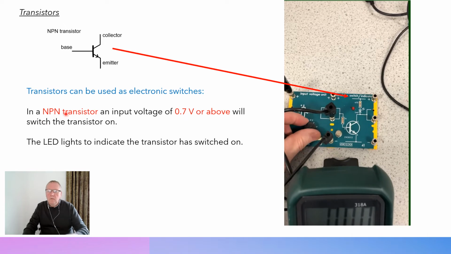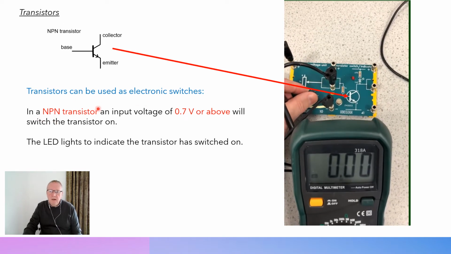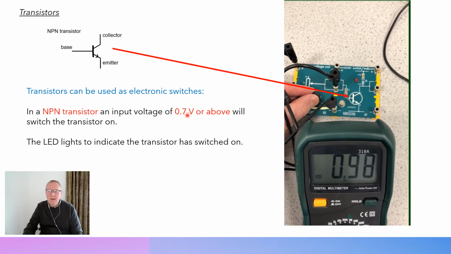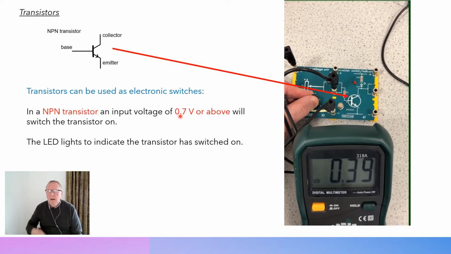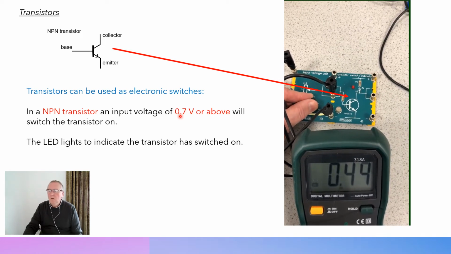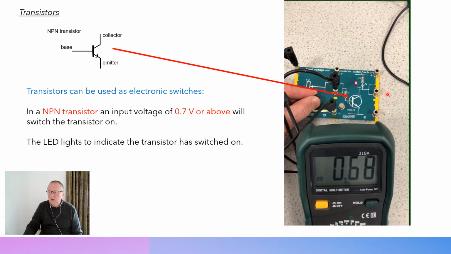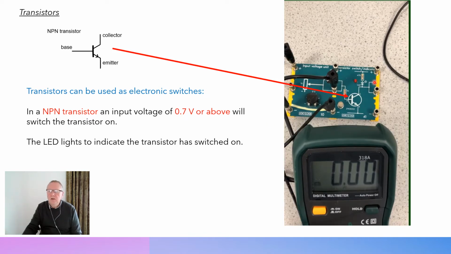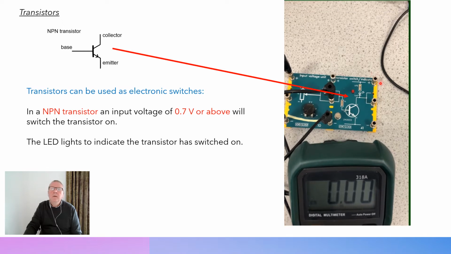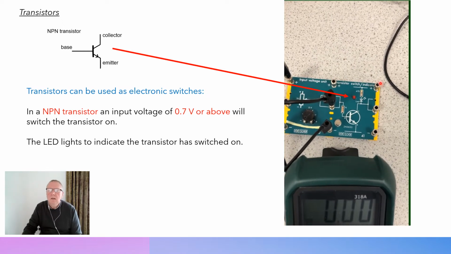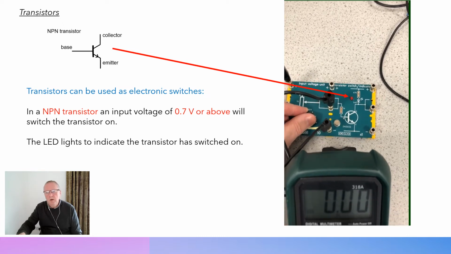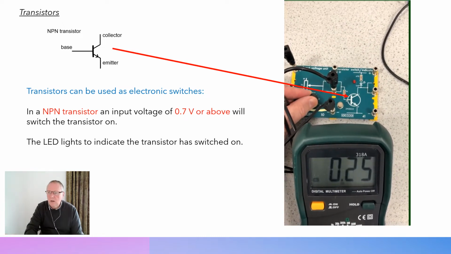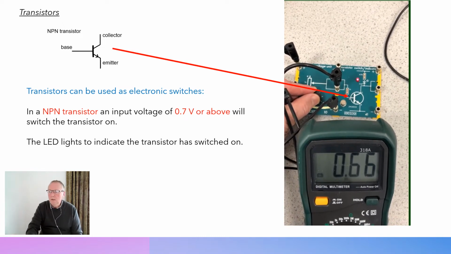So basically this NPN transistor's switch on voltage is about 0.7 of a volt or above. In this case, all we're switching on is an LED to indicate that the transistor is switched on. Later on, you can see that this transistor can switch on another type of circuit, but we'll leave it at this just now.